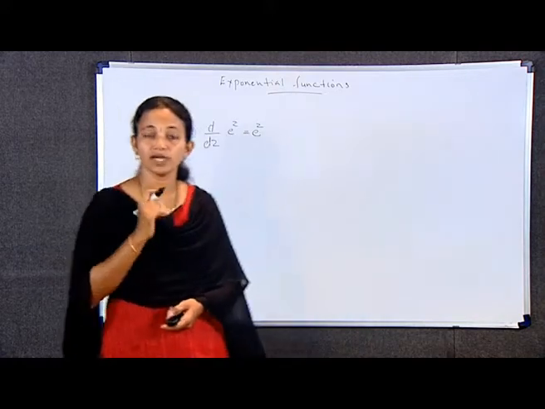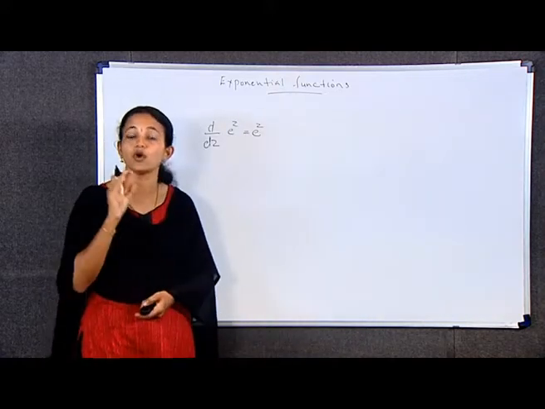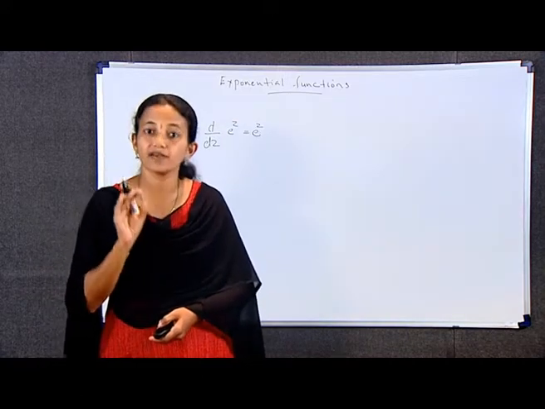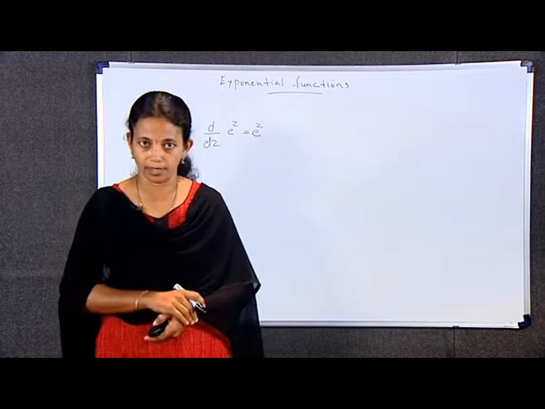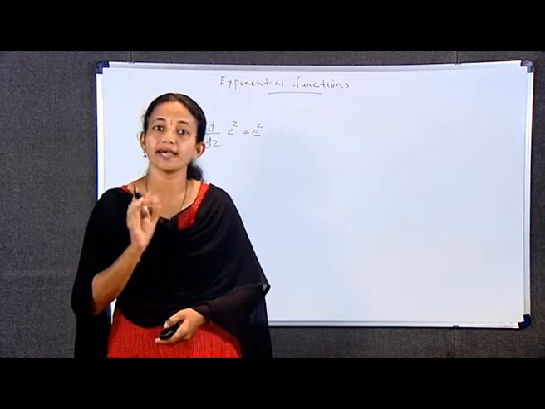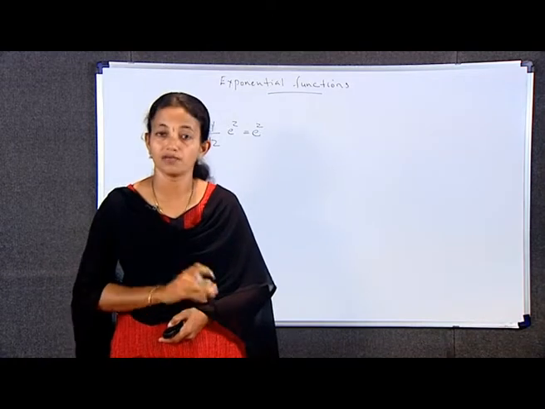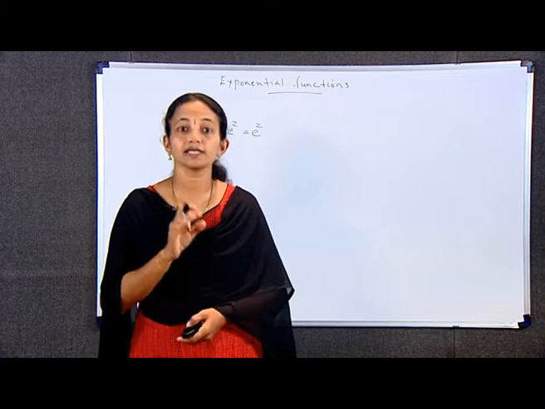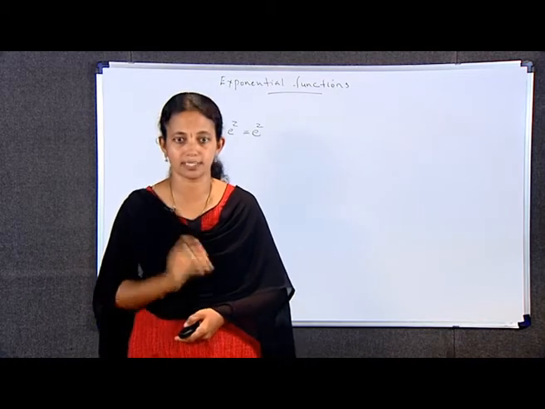The function e raised to x into cos y plus i sin y is differentiable at every z equal to x plus iy, where y is taken in radians when cos y and sin y are evaluated. We have a reference example in Cauchy-Riemann equation. Hence, e raised to z is analytic for all z.